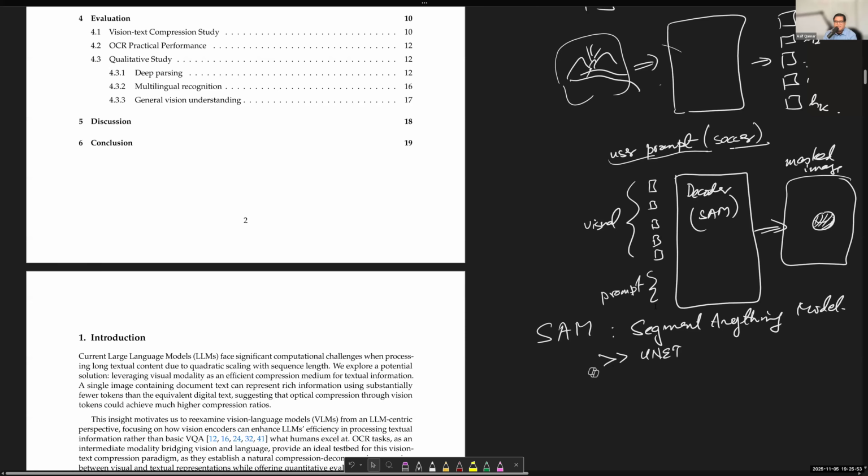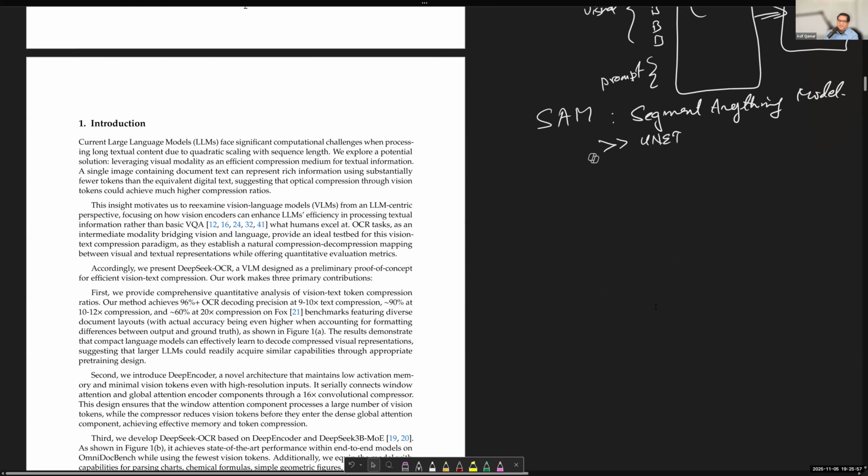Now, what this paper is saying is that you can do this journey: take a large text and convert it to an image. An intuitive way to think of it is to just write the text on a page and take a picture of the page.